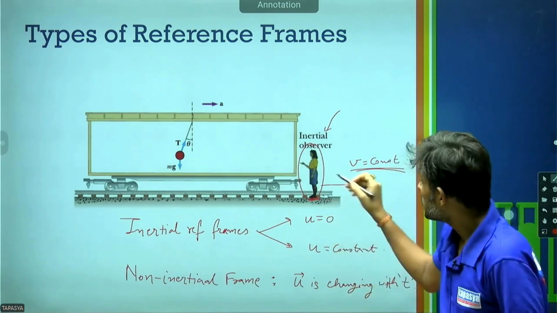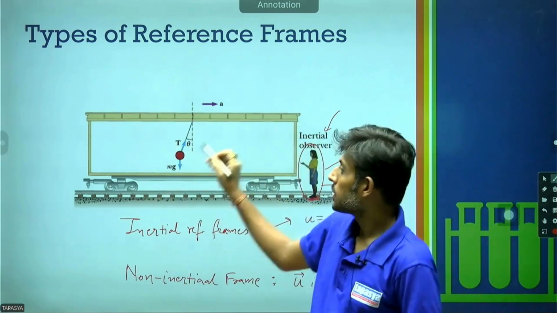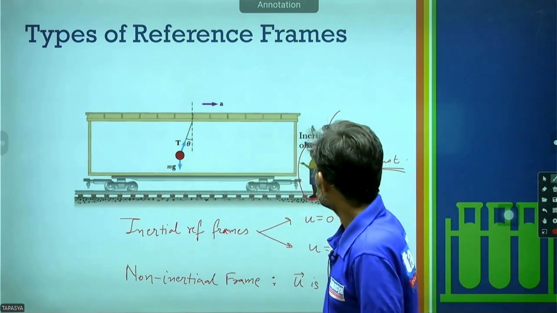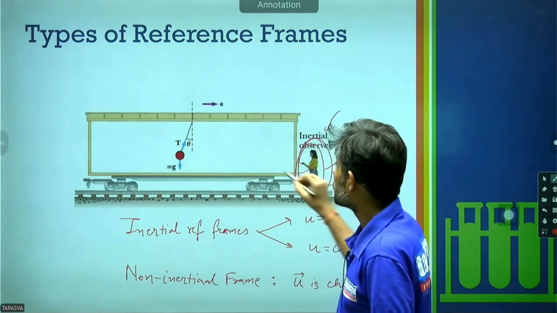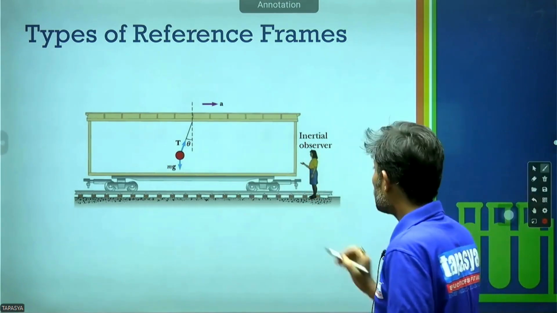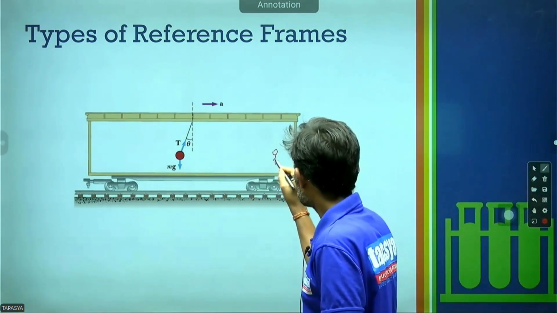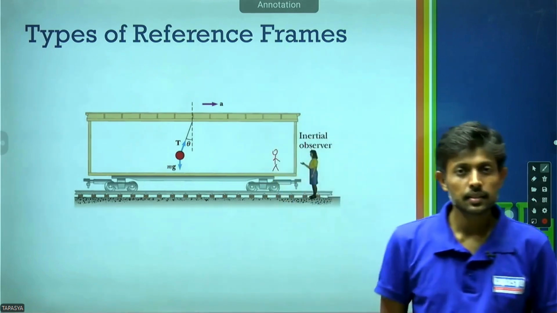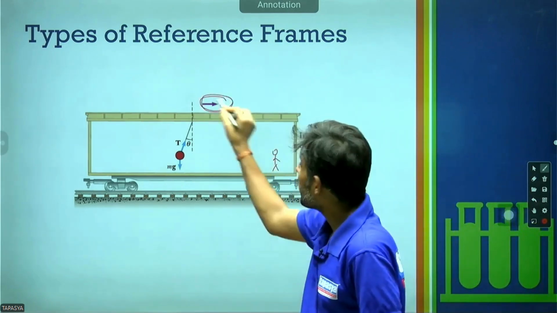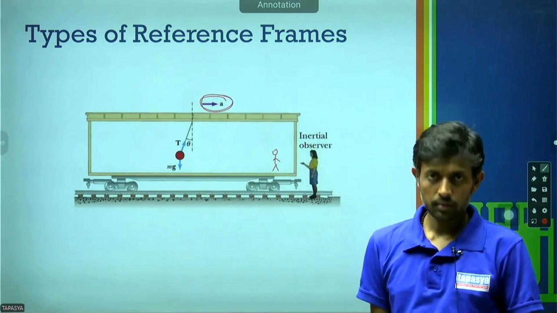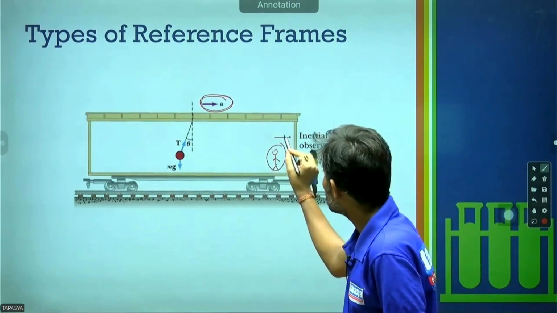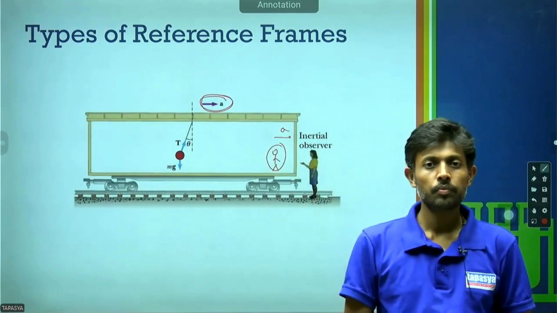I've shown you an inertial frame for this setup. So there is a pendulum hanging inside, and this inertial observer is observing this. An observer is sitting or standing inside this compartment. Now, if this compartment entirely is accelerating with an acceleration a, that means this observer is also accelerating with a, yes or no?